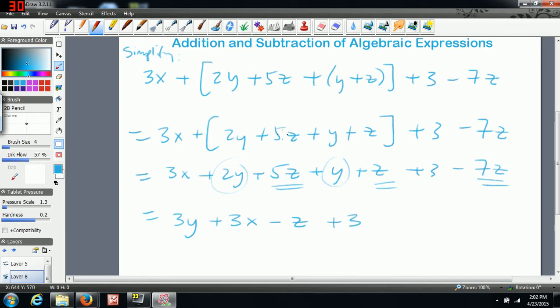Okay, so that would be your answer for that one. So yeah, we just wrote the 3y for this part, we wrote the 3x, and then 6z minus 7z, so that's just minus 1z, and then finally the 3, so that one's good too.